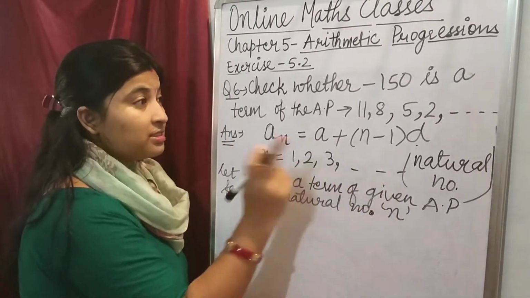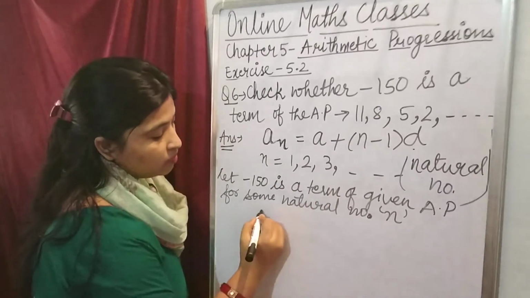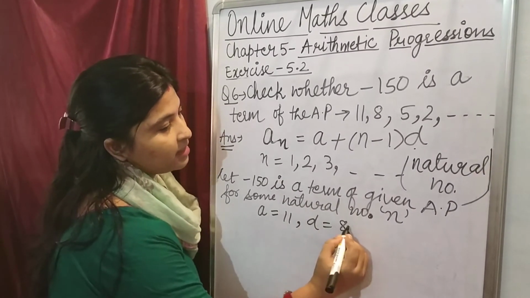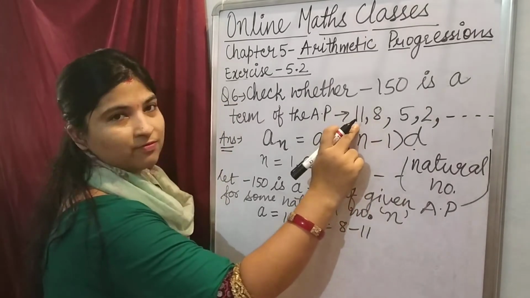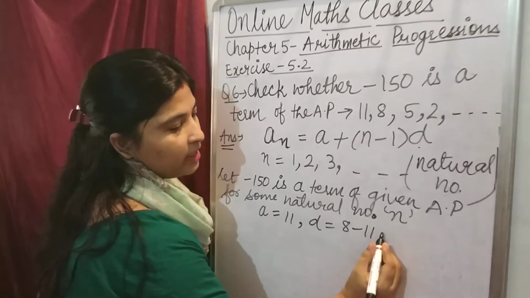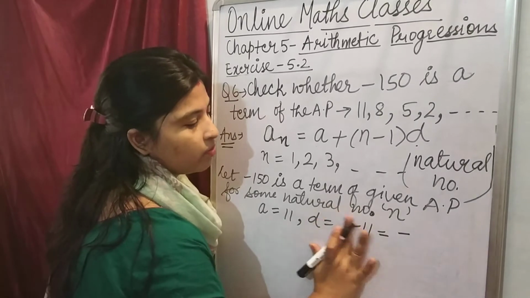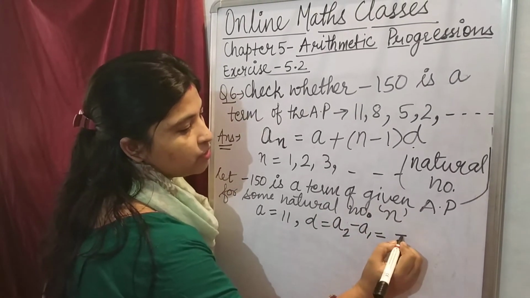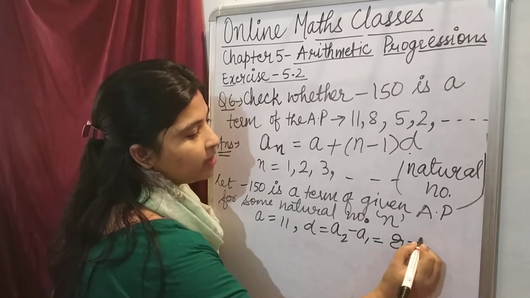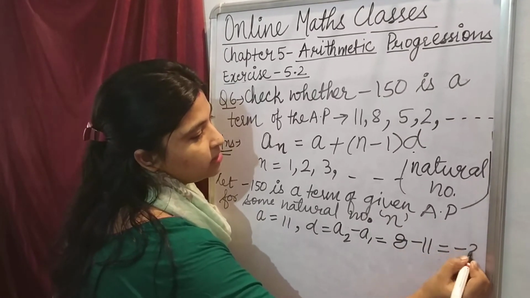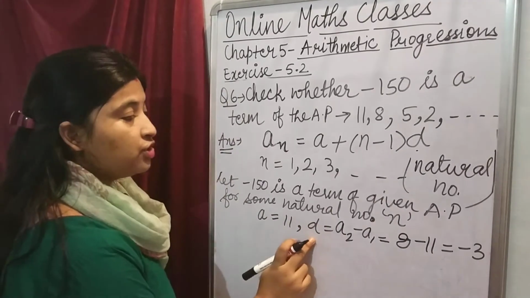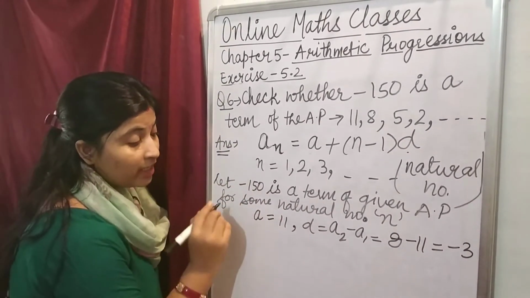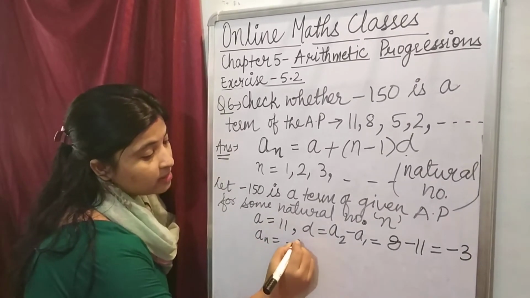If it is a term, the first term of the AP is minus 11, and d is second term minus first term. I am doing it directly, or you can do it with elaboration: a2 minus a1, where a2 is minus 8 and a1 is minus 11, so d is 3. a you know, d you know, and a_n, if I assume this is a term, is minus 150.